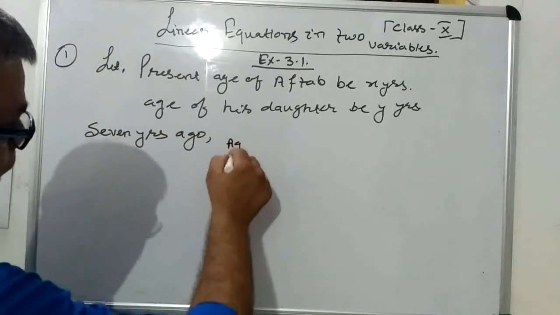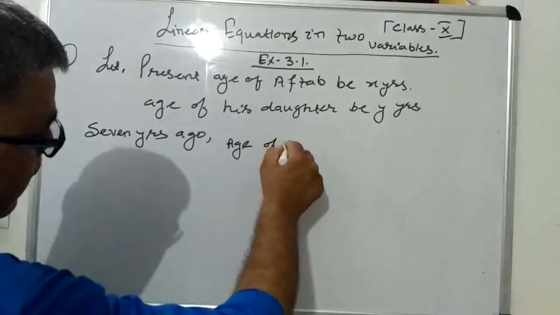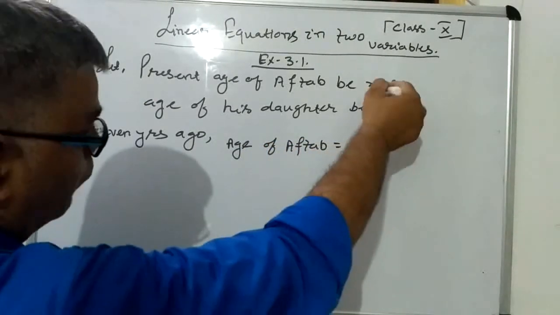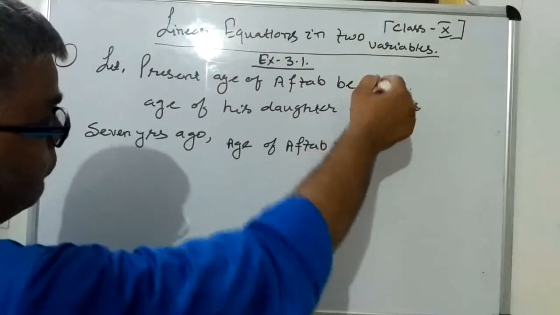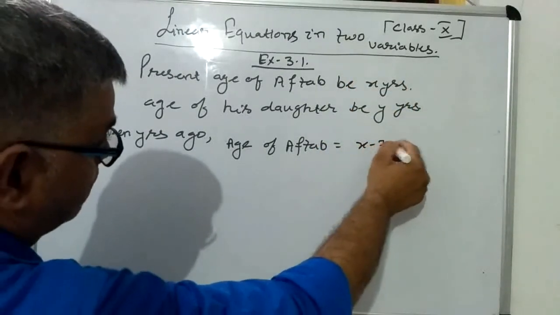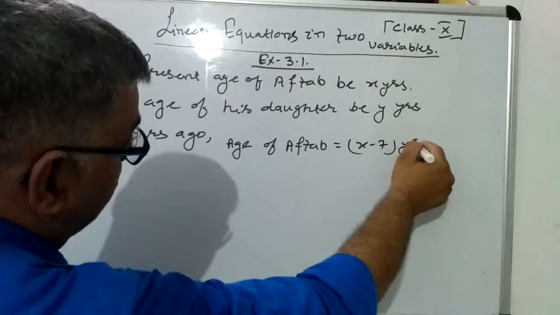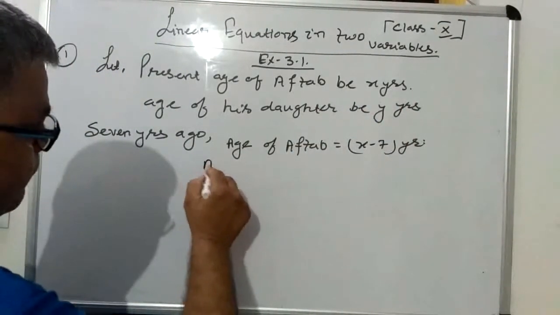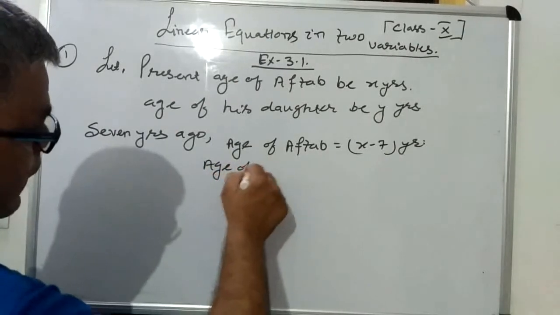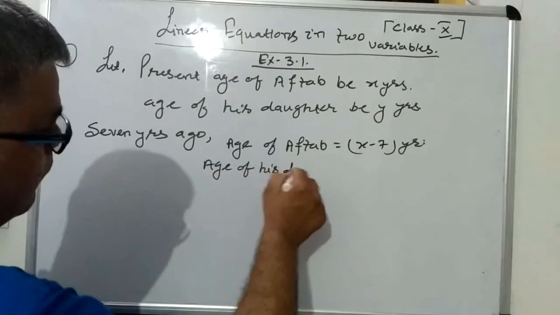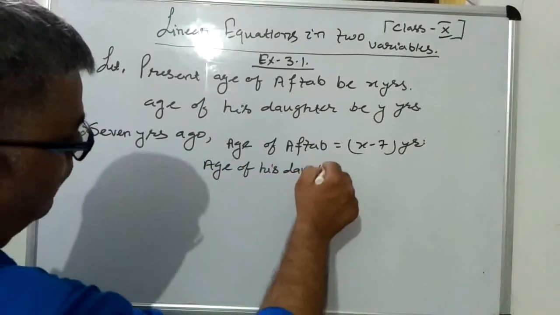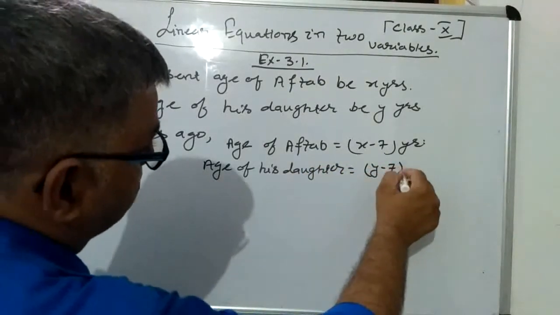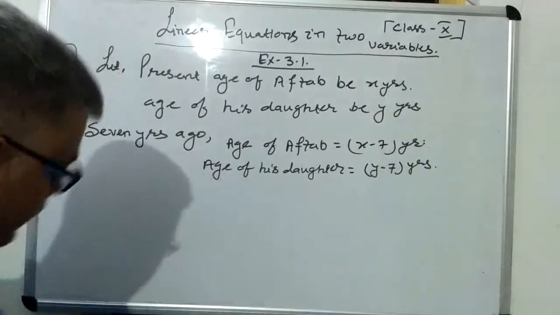Age of Aftab will be, today Aftab is x years, so 7 years before it will be x minus 7 years. And the age of his daughter equals y minus 7 years.